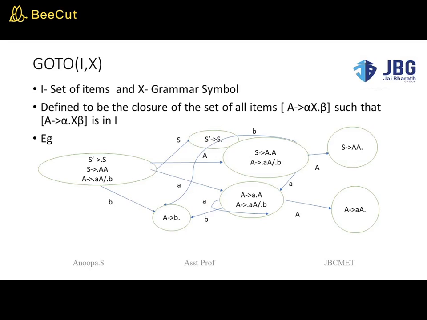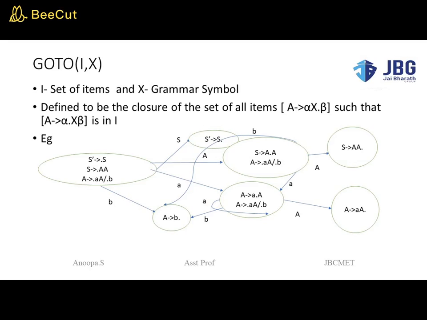For that we will place the dot operator at the first position, so S' giving dot S. Similarly the next production is S giving dot A. And similarly A giving dot a A or dot b. So in the slide there is a small mistake over there.